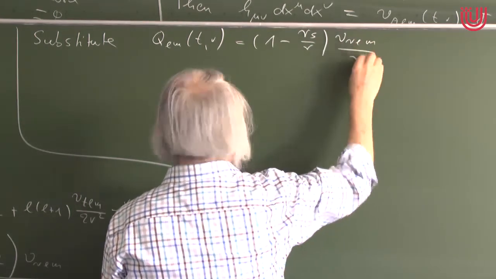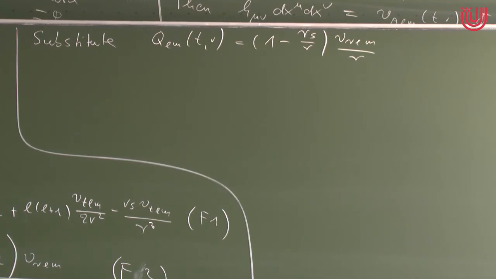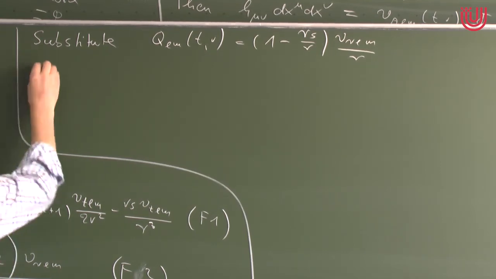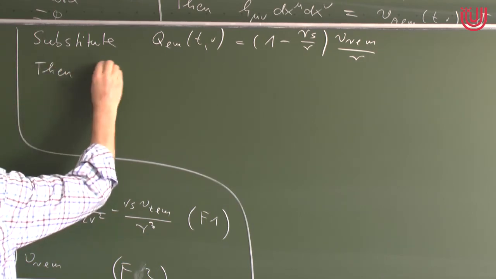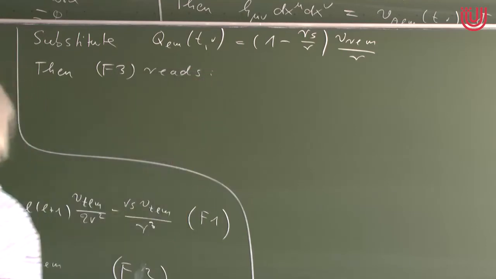VRLM over R. And then we can see that, let me see. Then F3 becomes simpler. So we insert this into F3. We can solve for d by dt of VTLM.